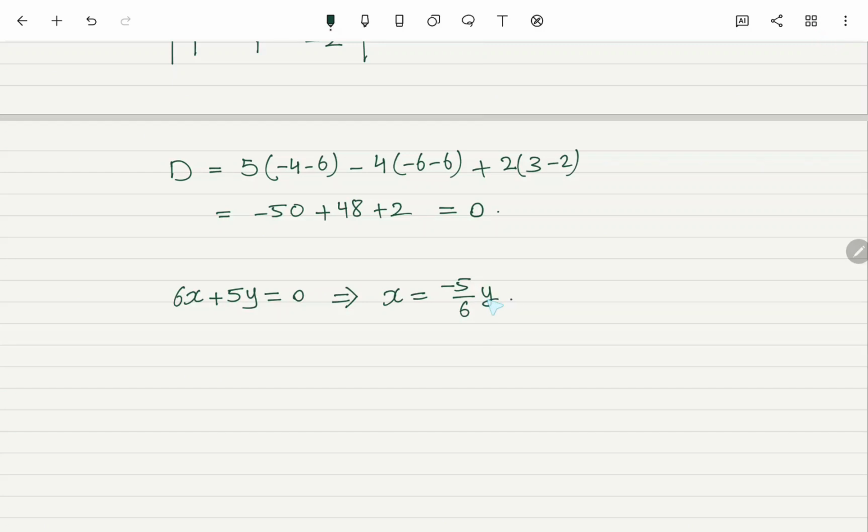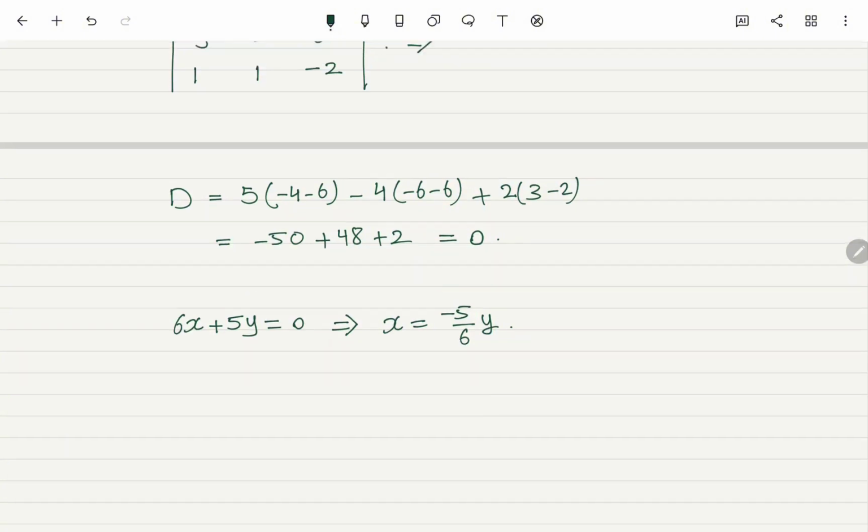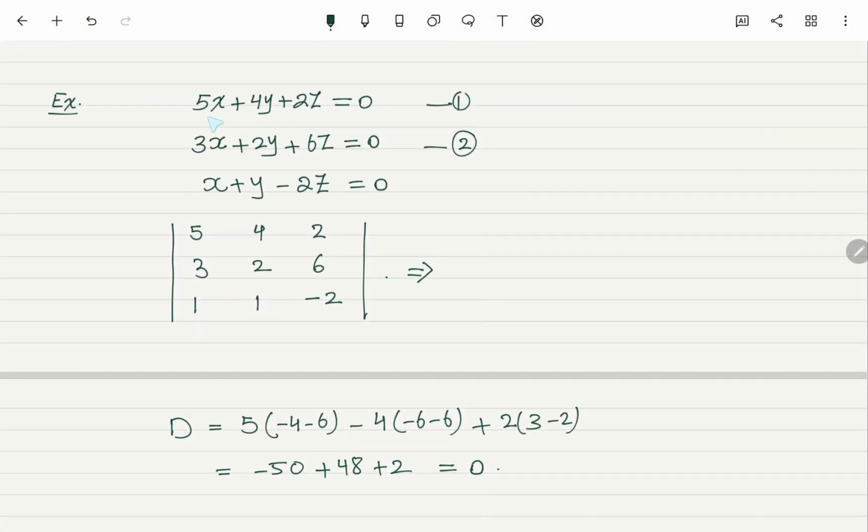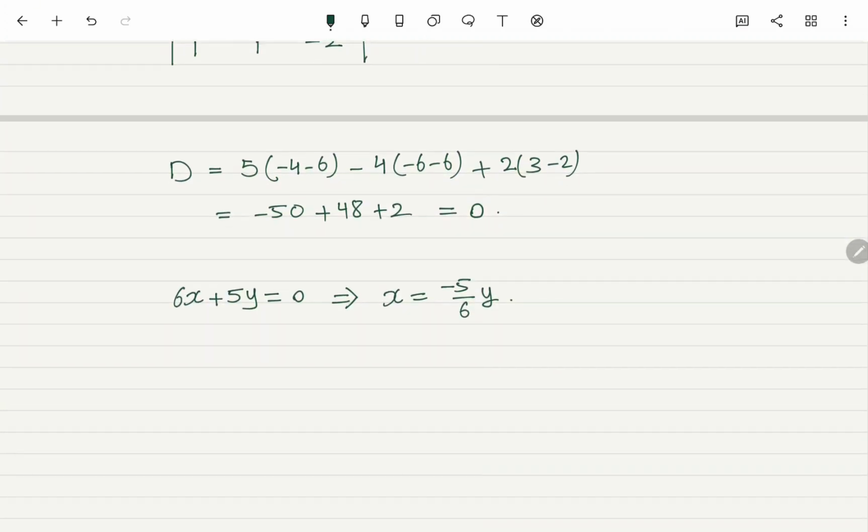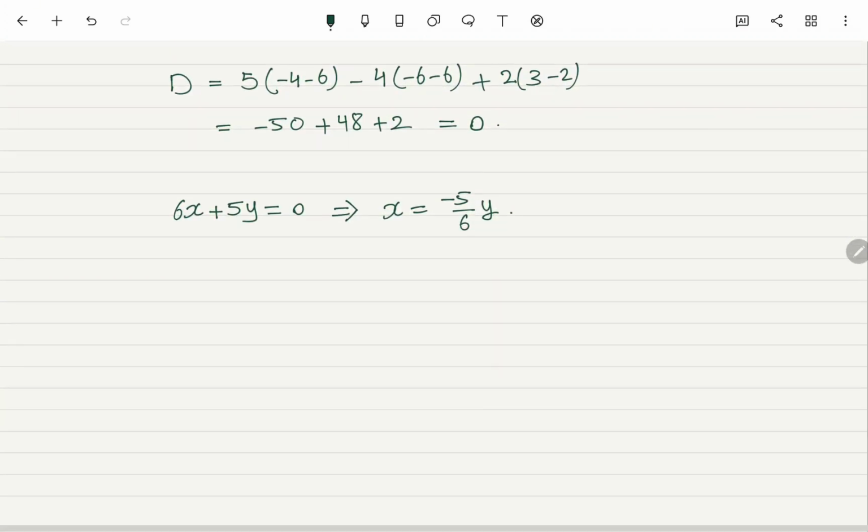Now, if we substitute this x here in the first equation right here, you will get minus 25 over 6 y plus 4y plus 2z equal to 0.